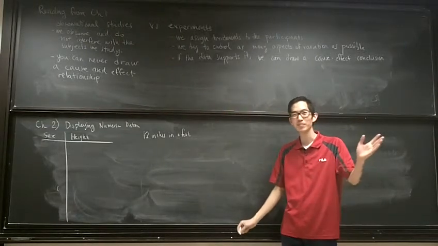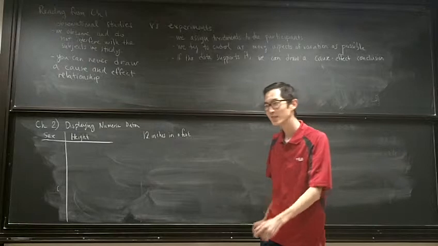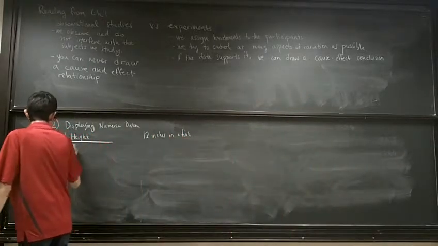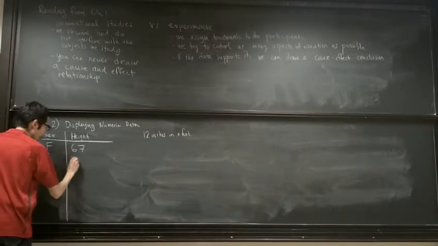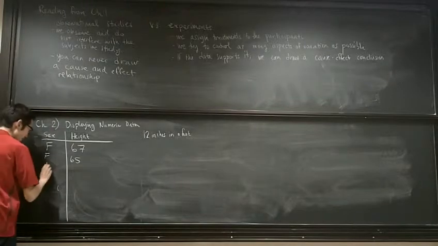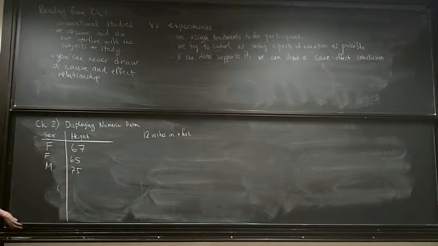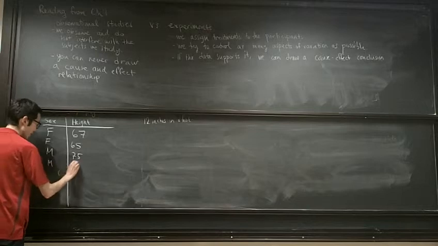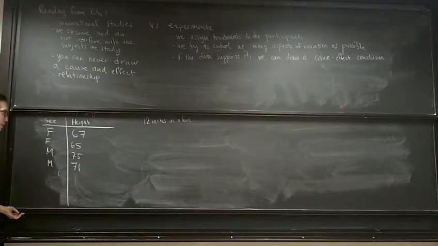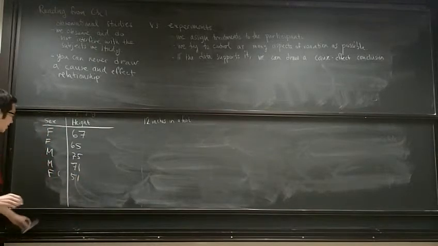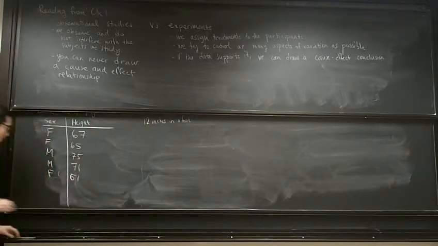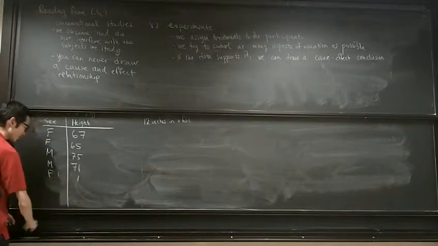So somebody just, yes, go. Female 67 inches. Okay, female 67 inches. Who's next? Female 65 inches. All right, 65. Next. Male 75. Male 75. Great. Male 71. Keep coming. Female 51. Wait, 51? 61. Okay, nothing's wrong with being 51 inches, but that is unusual.